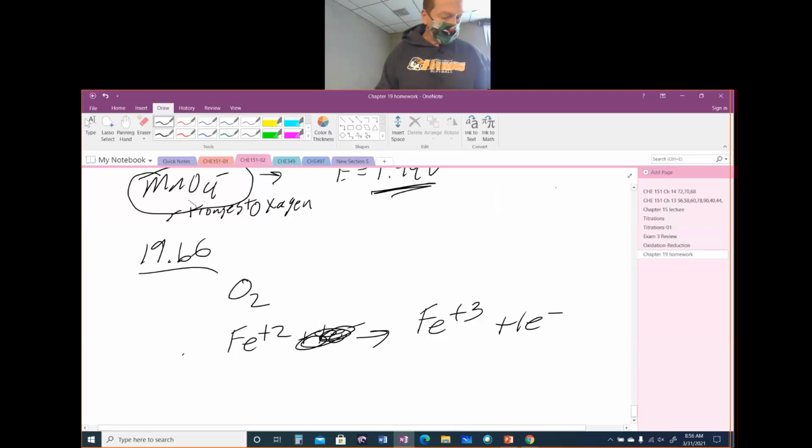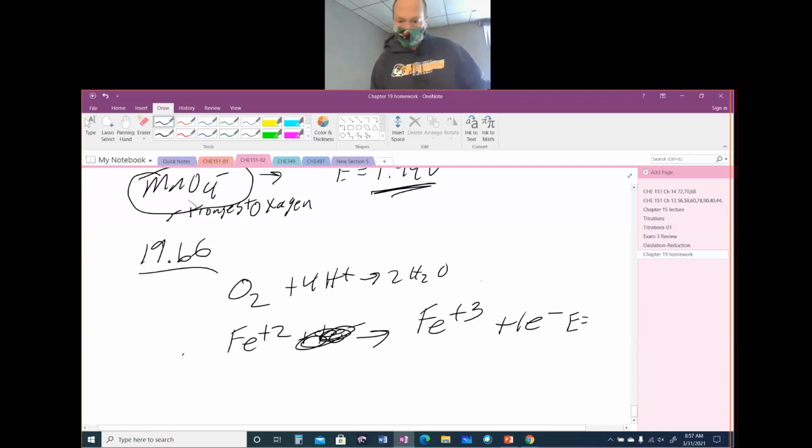We want to know if it can oxidize this. So on the chart, you have your E value. You have to take the opposite sign for that E value. All right, and so when you look up that E value, the oxygen one, I can read that one. O2 plus 4H plus plus 4 electrons goes to 2H2O.